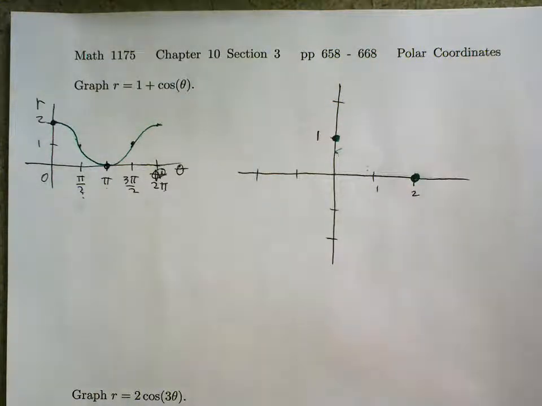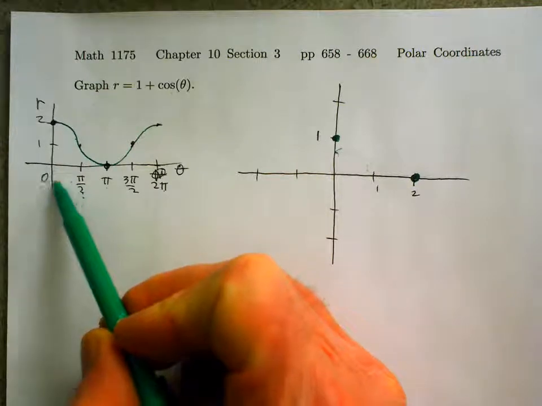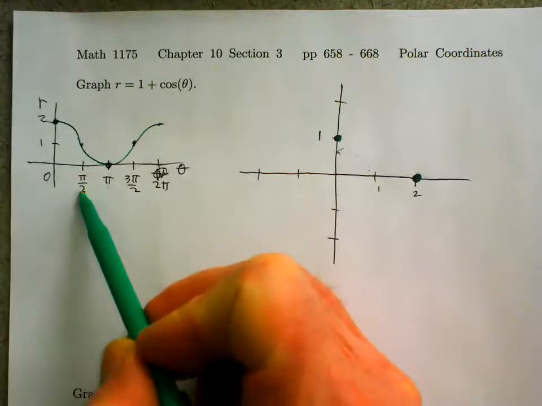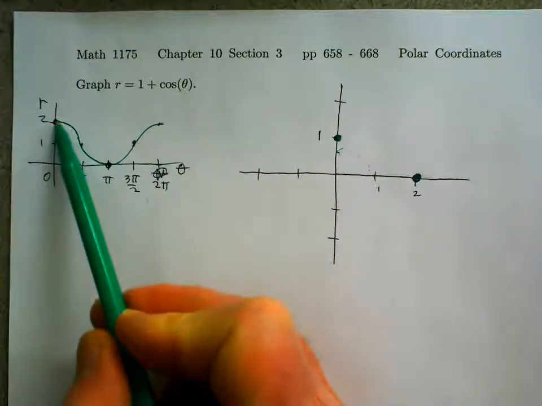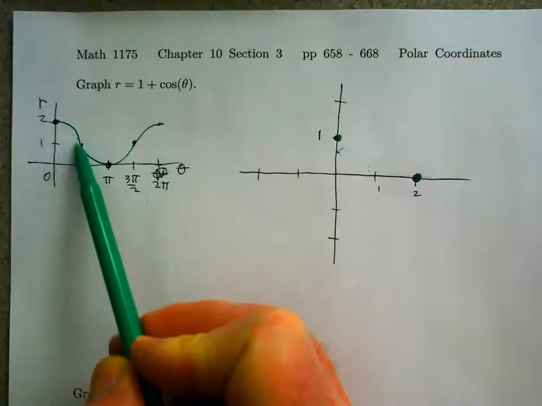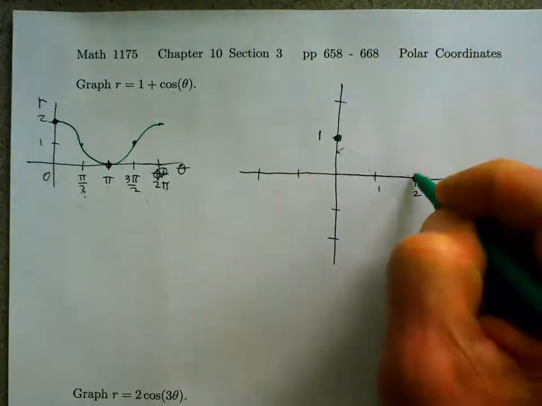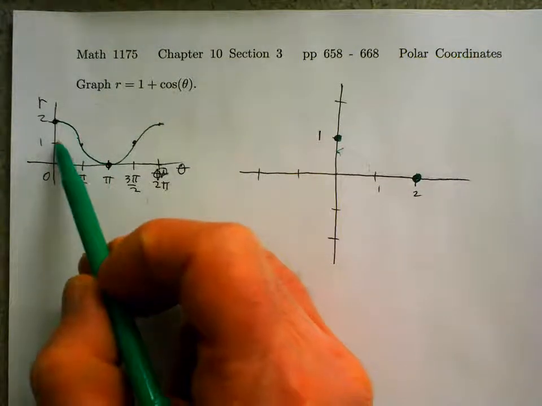So let's look at the r values that correspond to theta between 0 and pi over 2. So at 0, the r value is 2, and then they start to decrease. So the r values are between 1 and 2.